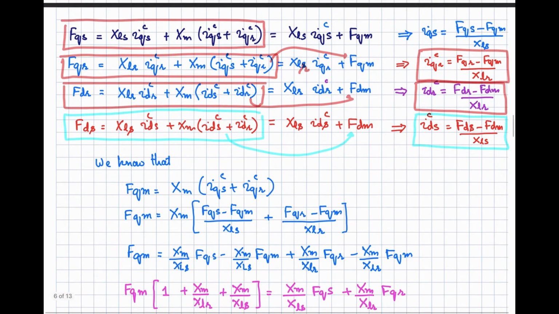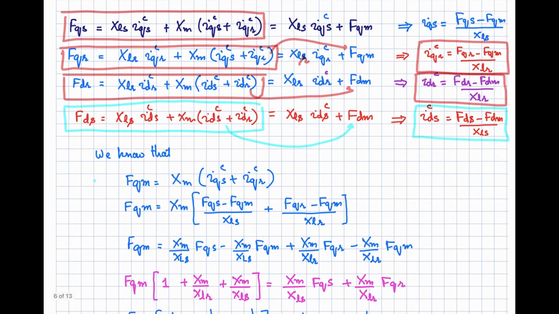Now we know that the mutual inductance voltage FQM will be equal to XM into IQS plus IQR. Now we take the value of IQS from these equations. This is IQS, so taking it from here, it can be written as FQS minus FQM by XLS. And similarly, if you take the value of IQR, you can write this one.